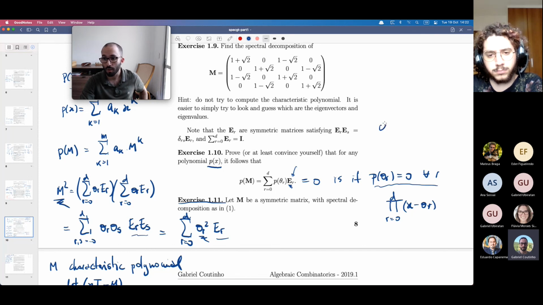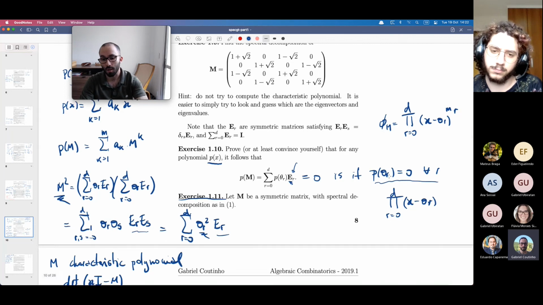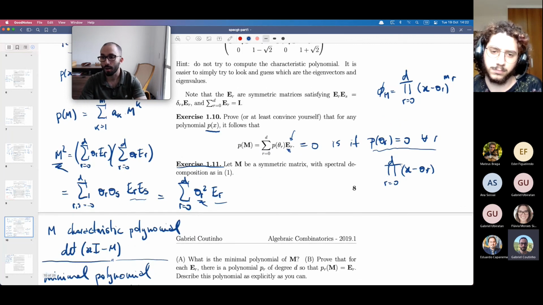We know that the characteristic polynomial of M is precisely the same thing, but with these factors raised to their multiplicities. So it's actually easy to check now that the minimal polynomial divides the characteristic polynomial for symmetric matrices. Very easy. Okay.